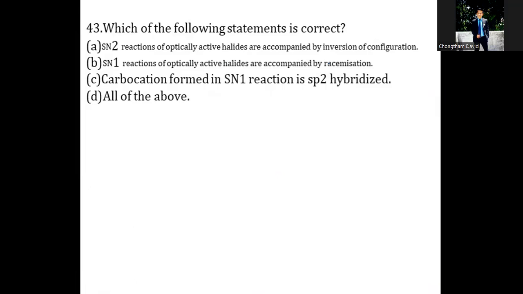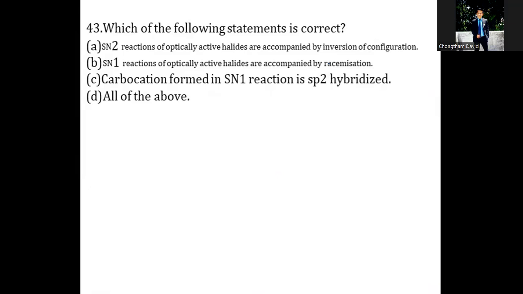So in the case of optically active haloalkanes, remember the product formed by the SN2 mechanism has inverted configuration. This is because the nucleophile attaches itself on the side opposite to the one where the halogen is present. And in the case of optically active alkyl halides, SN1 reactions are accompanied by racemization. A racemic mixture is formed.